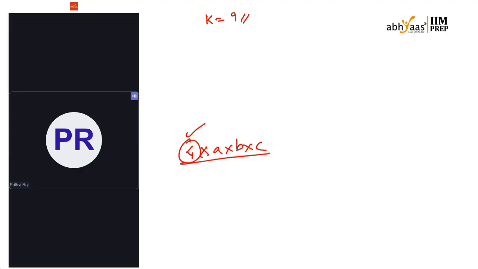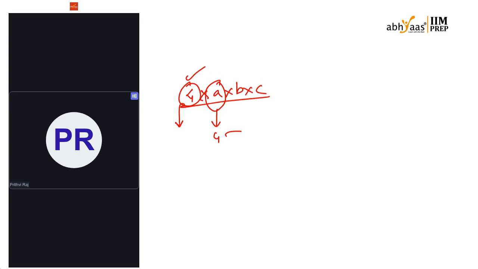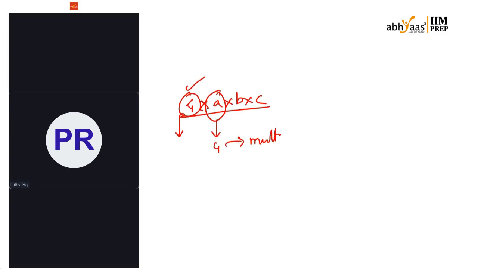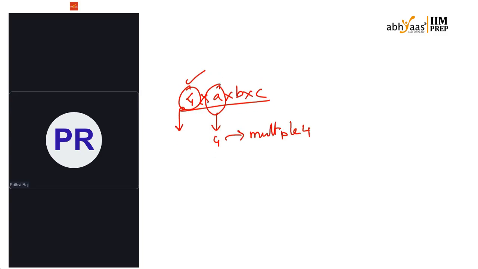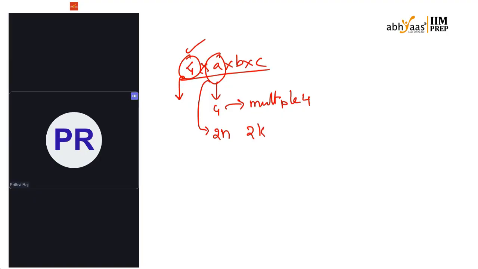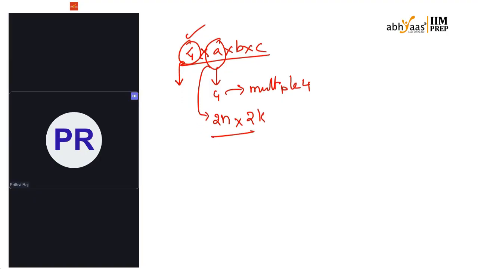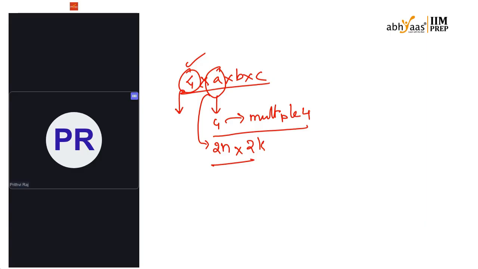That means at least one number has to be 4 or a multiple of 4. Another way is having two even numbers, 2n into 2k. Remaining all are just not multiples of 4, maybe multiples of 2, but not multiples of 4.